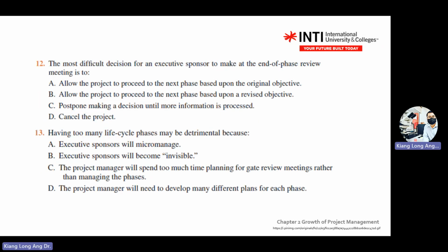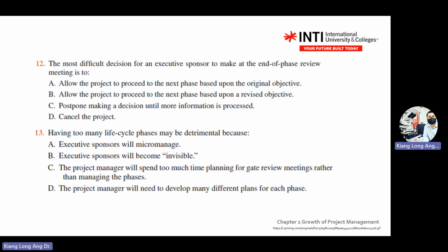So the most difficult decision for an executive sponsor to make at the end phase review meeting is to allow original, revise, postpone, cancel. Which one? Of course, this ABCD is a set of possible answers, but for the sponsor, the most difficult decision at the end phase, the keyword here is end phase. At the end you cannot cancel.